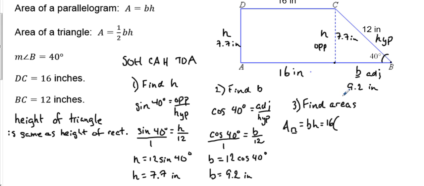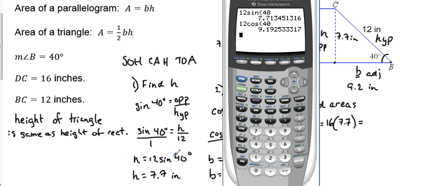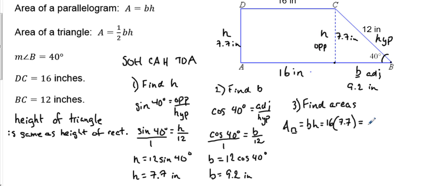The height of the rectangle is 7.7, so let's plug that in. 16 times 7.7, and we get 123.2. So 123.2, and that would be square inches.